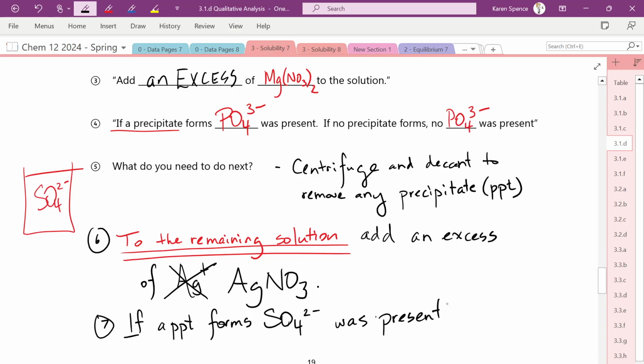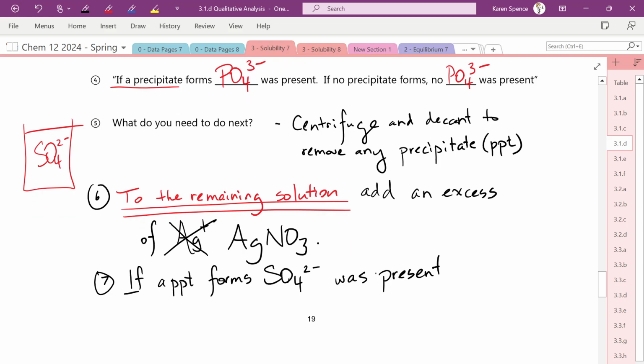And then I get really lazy because I don't want to write the same sentence over again. If no precipitate forms, SO4 was not present.